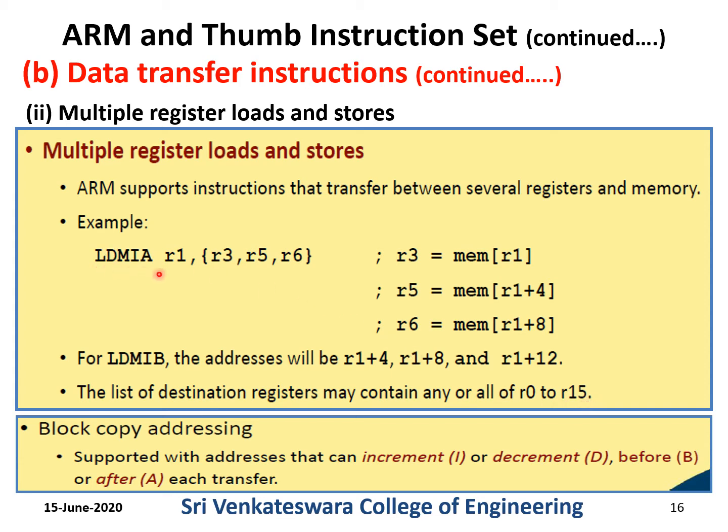In this kind of instruction, multiple registers can be loaded with data by accessing multiple memory locations. Initially, one of the registers has to be loaded with the base address. Here A stands for after.